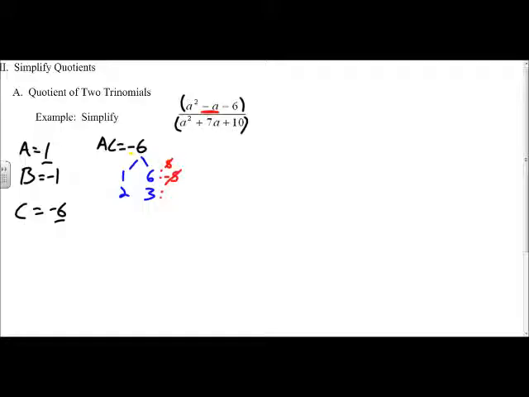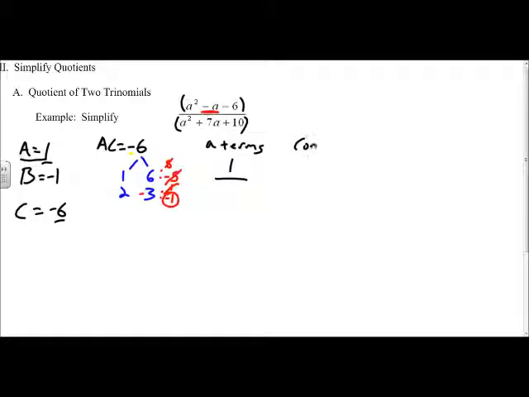If we have negative 2 and positive 3, that would give us a positive 1. And if we have positive 2 and negative 3, that gives us a negative 1, which is what we're looking for. So in the end, we need to use 2 and negative 3. This time we're looking at the a terms, which come from our a value, in this case 1.